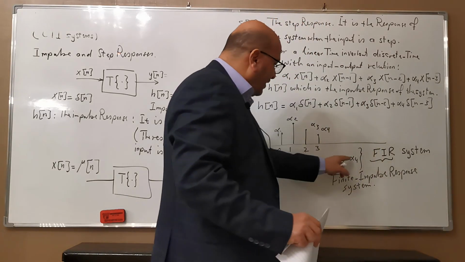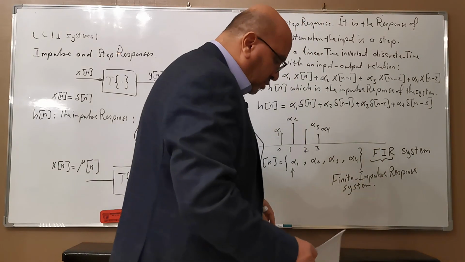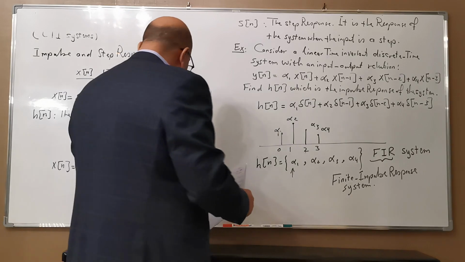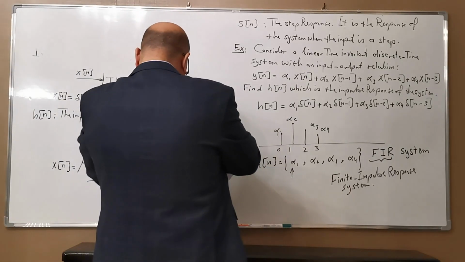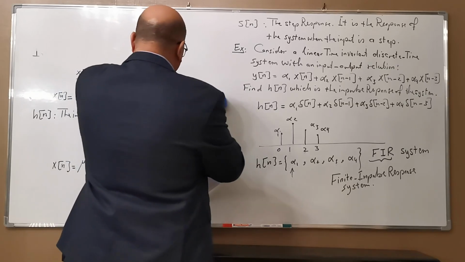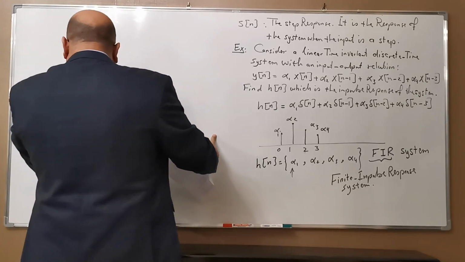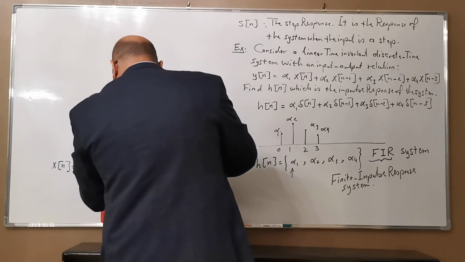Those are the only finite values, the others are all zeros. Finite impulse response means that the response will be active for a while and then it will disappear.